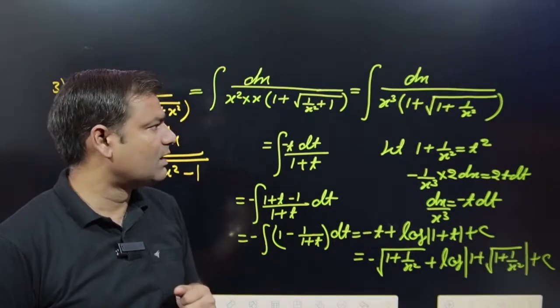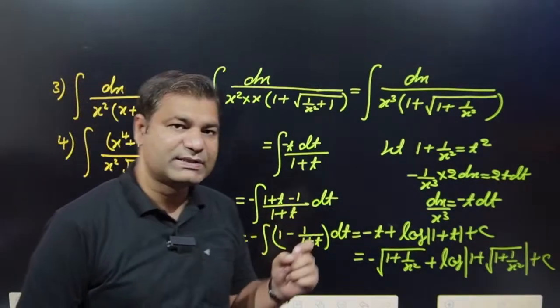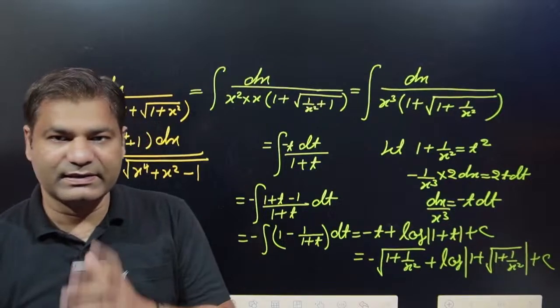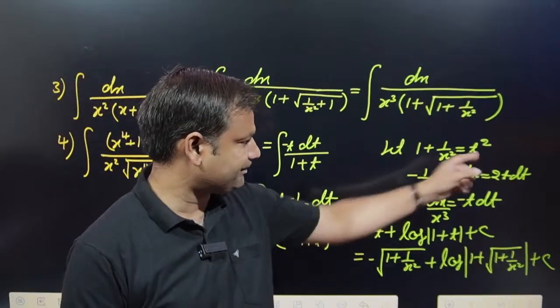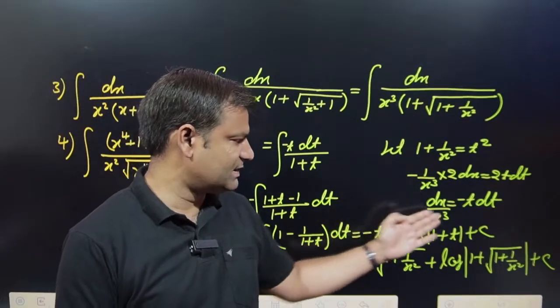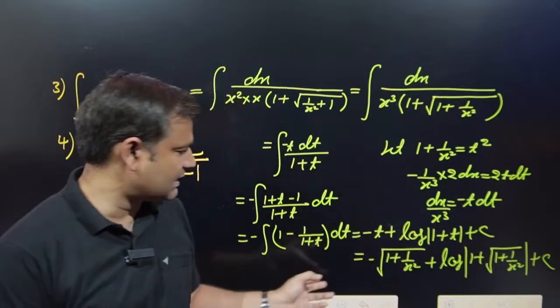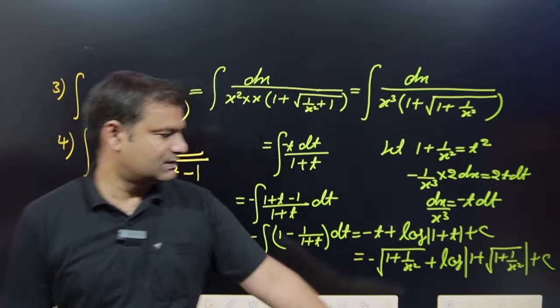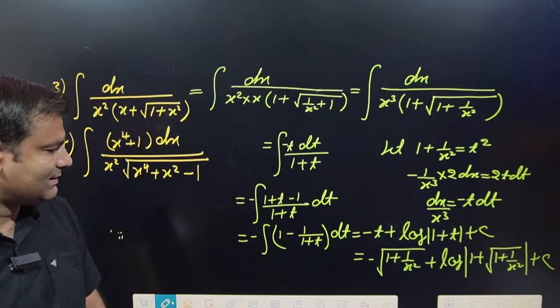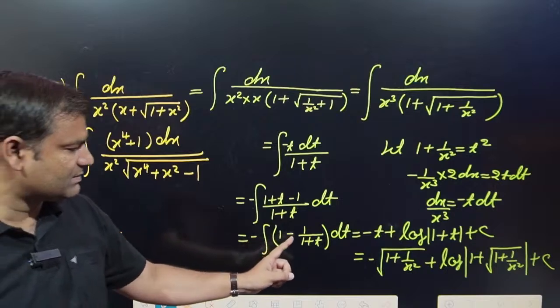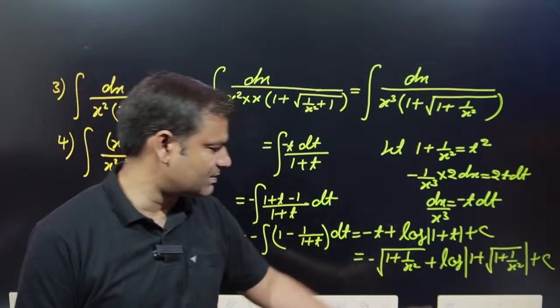After that, look, if 1 plus 1 upon x square is taken as t square, then differentiate, we get like that, and that value put here, and after that integrate, and the final answer is like that one. Okay. So minus 1 and minus plus, so minus and here plus.